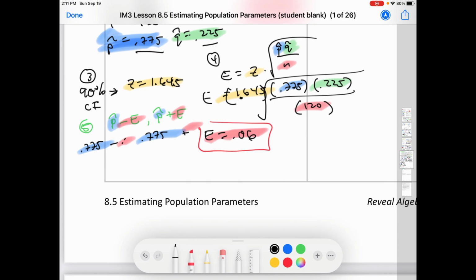No, it's a plus. So then my range, 0.775 minus 0.06 gives me 0.715. 0.775 plus 0.06, 0.835. Remember, to change a decimal to a percent, you just multiply it by 100, so that would be 71.5%.